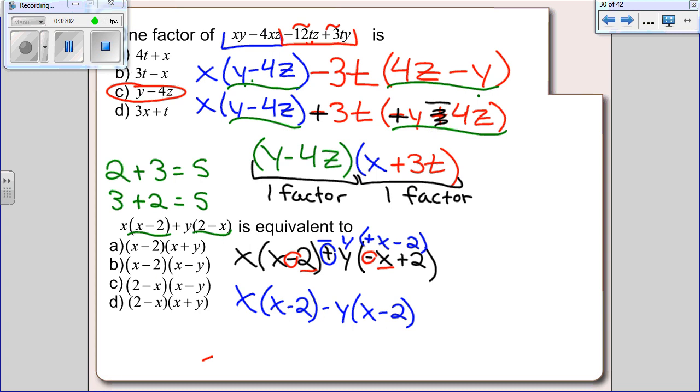Now that I've done that, I have a grouping method problem I can actually do, right? I have an X minus 2 and an X minus 2, so that's going to be one thing. And then an X minus Y is going to be the other. That should be somewhere in here as an answer.